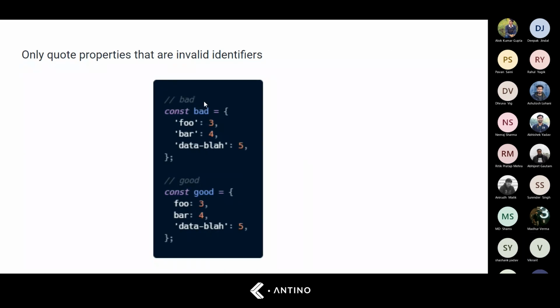The next best practice is to quote only those properties which are invalid identifiers. Here you can see in the bad approach, you are quoting every single property. Instead of doing that, you can unquote them. Why unquote them? Because while you are using a code editor like Visual Studio Code or any other IDE, it will help you with syntax highlighting.